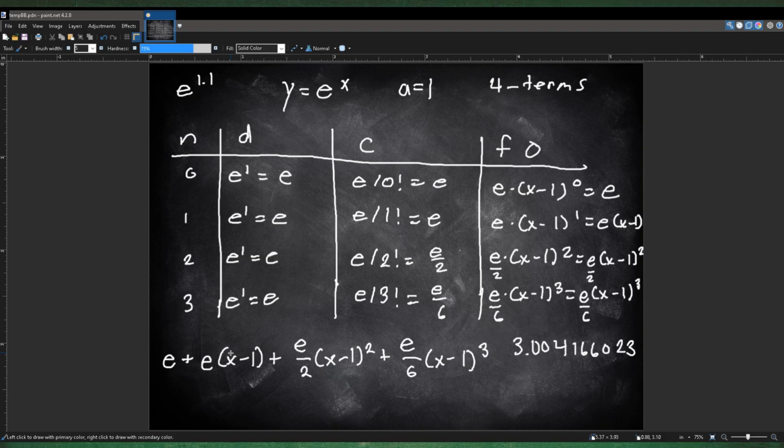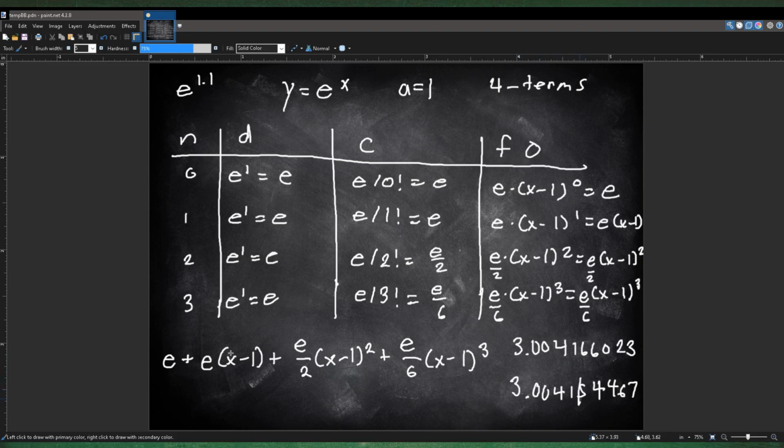Plus e over 2, and then multiply that by 0.1 squared, plus e divided by 6 times 0.1 to the power of 3, right? And you get around 3.004154467, right?